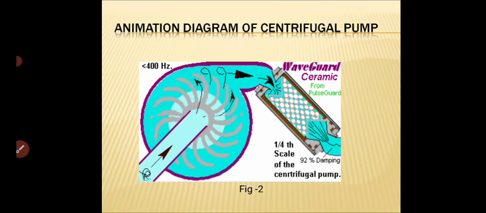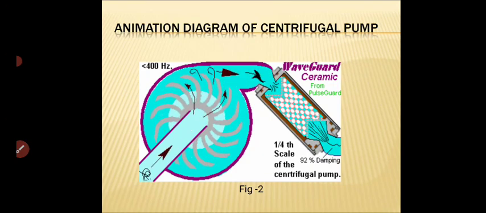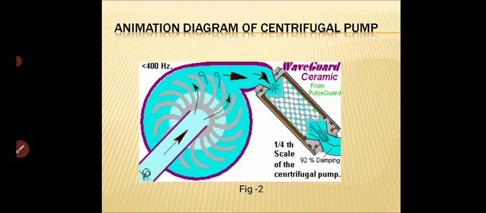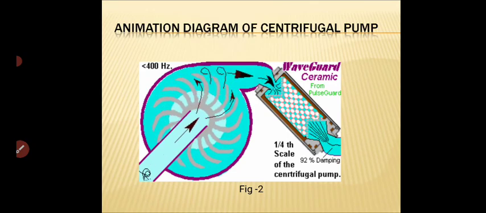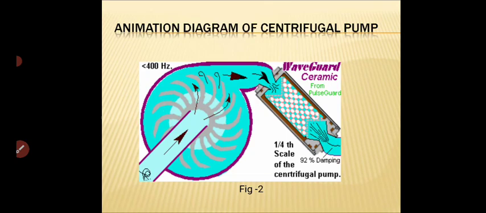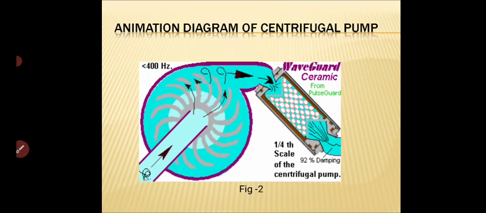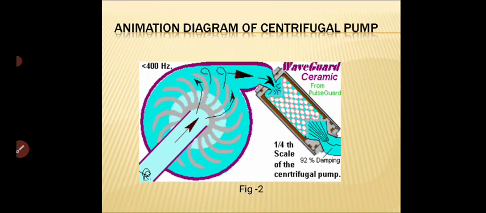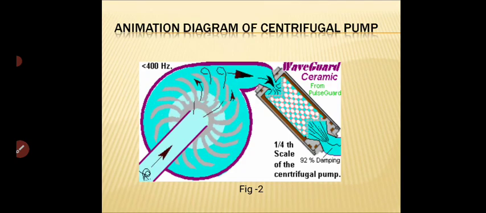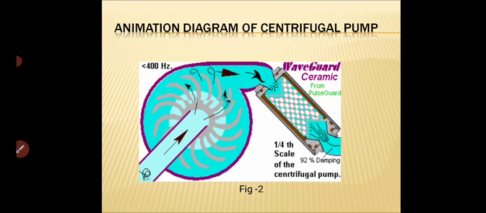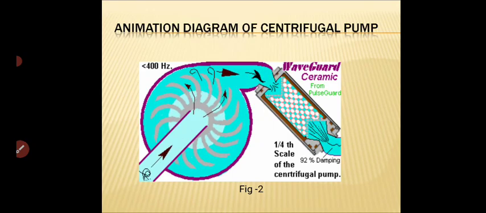The impeller is mounted on the shaft and the shaft is coupled to an electrical motor or an IC engine. When the impeller is rotated in the casing, vacuum is created at the suction. Due to this vacuum, the water enters the eye end of the impeller, and there is a decrease in kinetic energy and an increase in pressure energy and velocity of the water, and it is delivered to the delivery pipe.